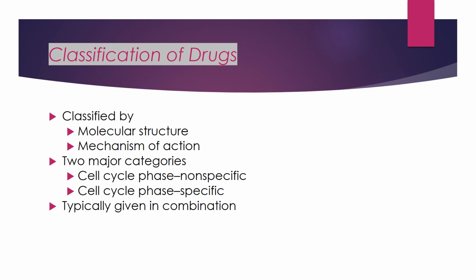The cell cycle phase specific chemos exert their most significant effects during specific phases of the cell cycle. Typically, drugs from each major category are given in a combination therapy.